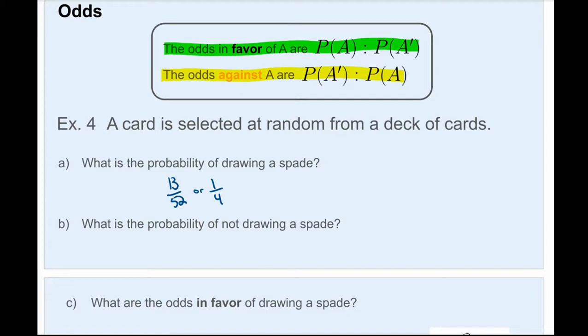In this case, we can do the indirect method. We subtract 13 over 52 from 1, and we get 39 over 52, which works out to 3 over 4, because there are 3 other suits out of 4 that you could pick.